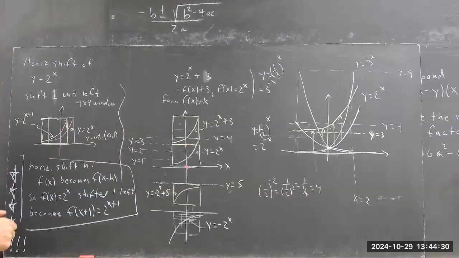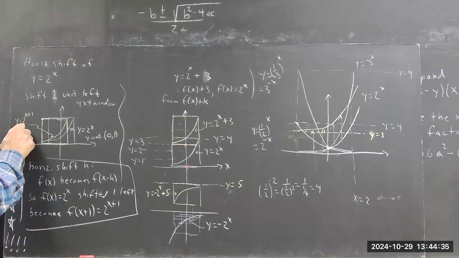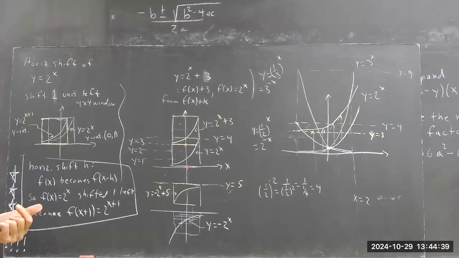This function has a y-intercept of 1. This one has a y-intercept of, well, what is the y-intercept? It went higher, didn't it?